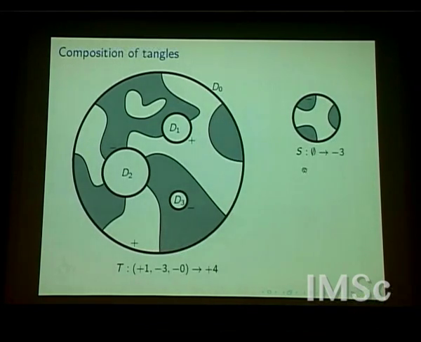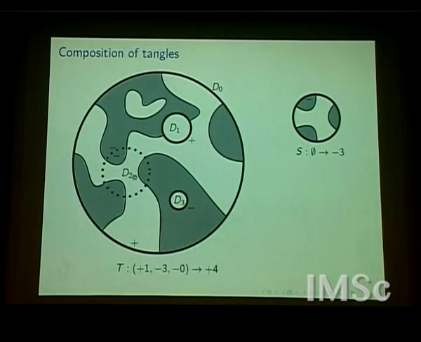And then we have composition of tangles. So you can compose the tangles T and S, but not everywhere. In D1 you cannot compose because there are only 2 points in the boundary and S has 6 points, but in D2 you can compose. So what you do is you shrink or stretch S in such a way and put it inside D2, in such a way that the distinguished boundary components which are marked by a sign match.